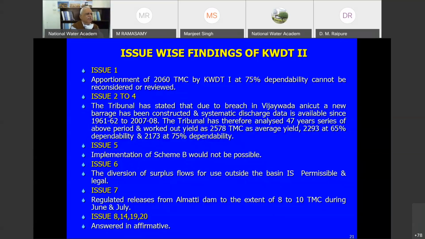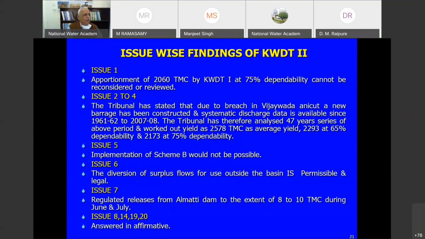Therefore, this tribunal has considered that unblemished data of discharge is available from 1961-62 onwards, and with the help of their assessors, has analyzed a series of 1961-62 to 2007-2008, that is the 47 years series, and calculated the yield as 2,578 TMC on average basis, 20 to 90 TMC at 65% dependability, and 23 at 75% dependability.